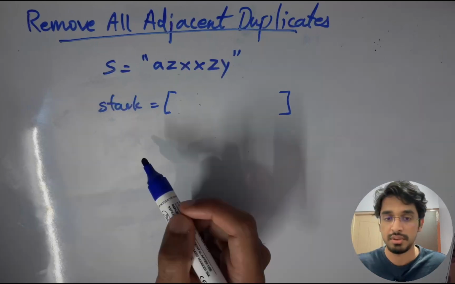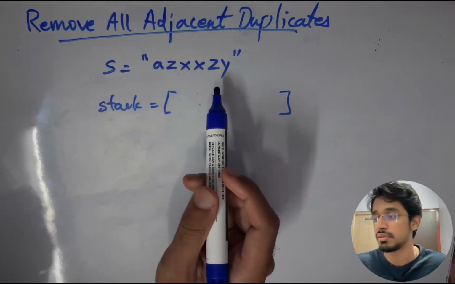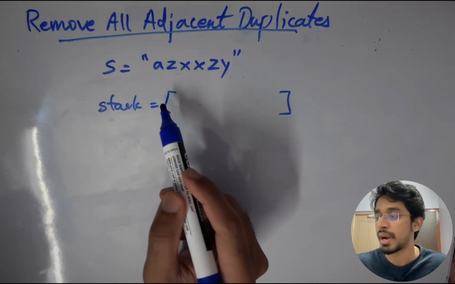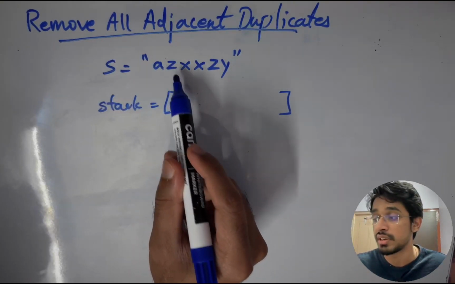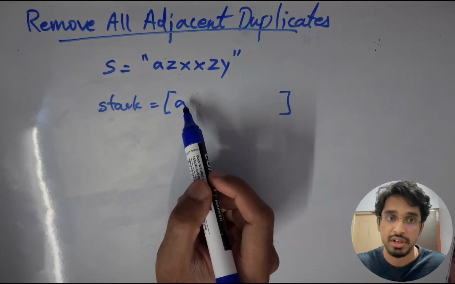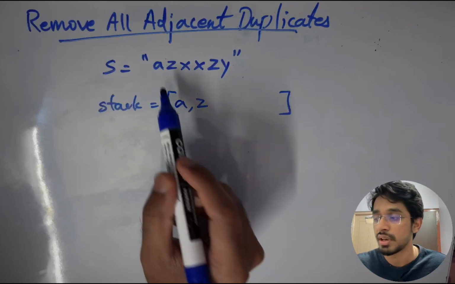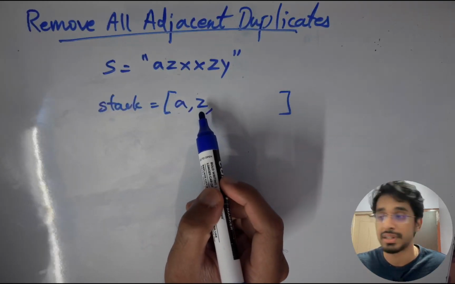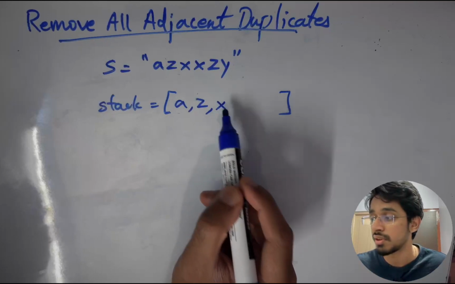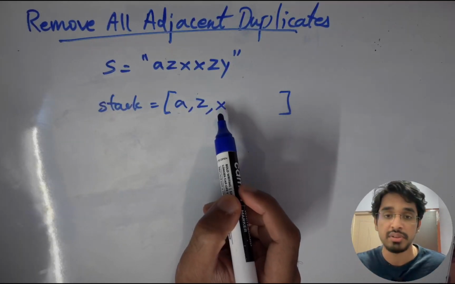Let's see another example. In this example, we have just taken another string over here. What I just told is we keep adding elements to the stack. So we add A, and then we check the next one, Z, if that is the last element within our stack. If it is not in the stack, then we add that Z over here, and then move to X. X doesn't appear as the last element within our stack, so we add that as well. Now you see that the next X is the last element within our stack, right?